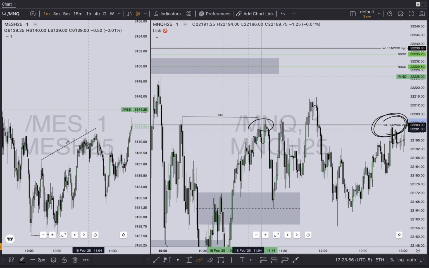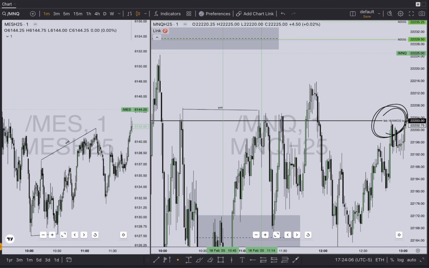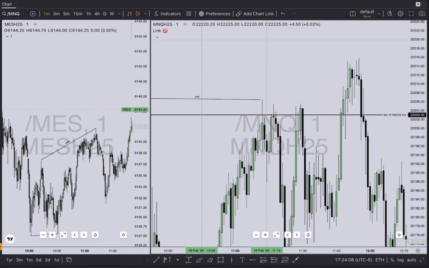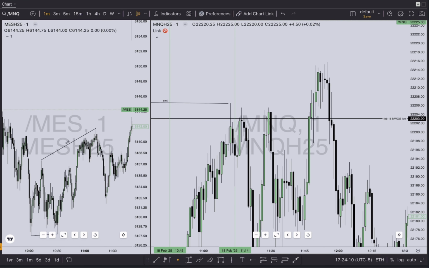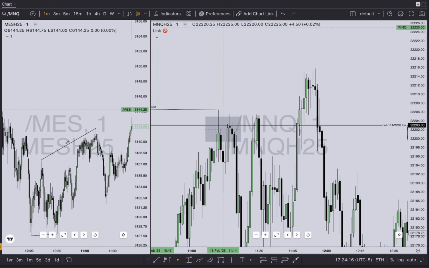What do you see here? I'm going to zoom in, right? This would have been another sign for me to at least consider cashing something out. Look at this. Look at the candles in this region. We were wicking above, coming back and closing below it, respecting it.